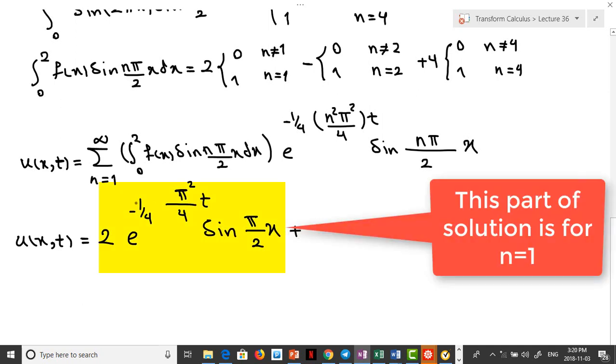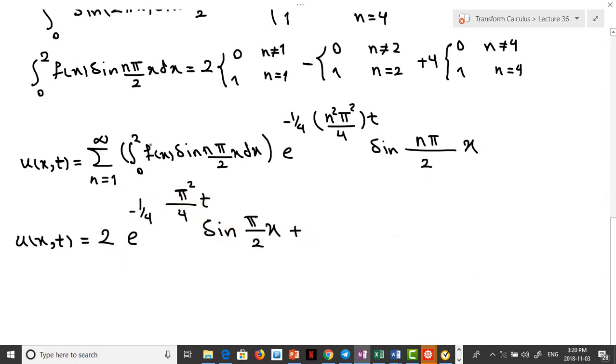plus, if n is equal to 2, what happens? The integral of f(x) sin(nπx/2) dx, if n is equal to 2, this part, n is not equal to 1, so it means that it's equal to 0.